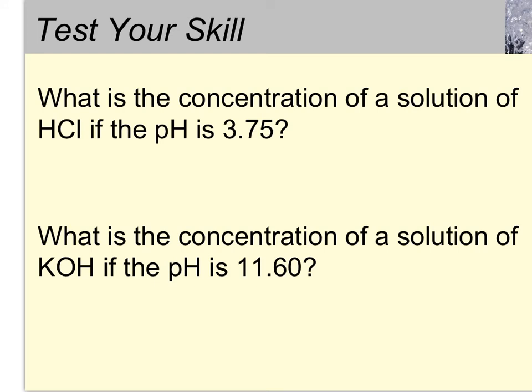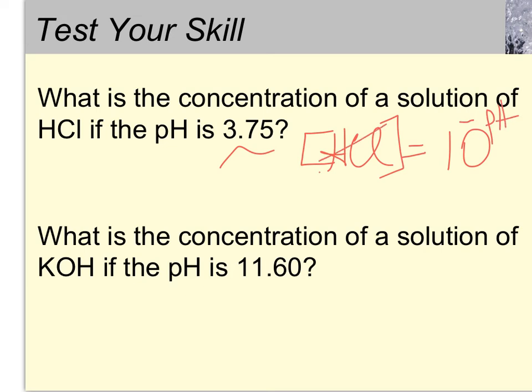And so here are a couple going in the other direction. These are asking for the concentration of HCl that was added if the pH of the solution is 3.75. So remember, concentration is 10 to the minus pH. Now, it isn't really the concentration of the intact acid, it's the concentration of hydronium ion.